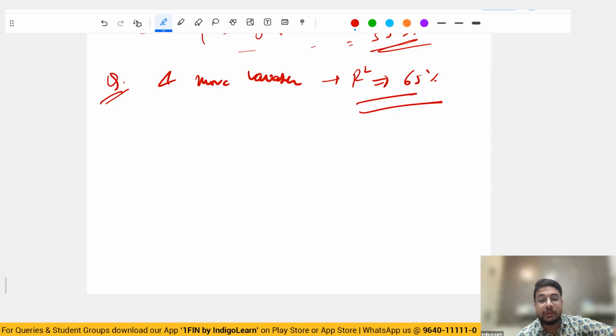I should first calculate adjusted R square to see whether my adjusted R square has increased or not, correct? So my first approach towards this question should be to first calculate adjusted R square and then arrive at a conclusion. So I would want you guys to calculate adjusted R square in this situation. Please do that.